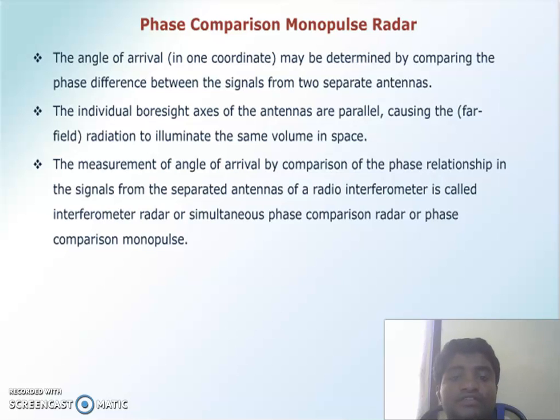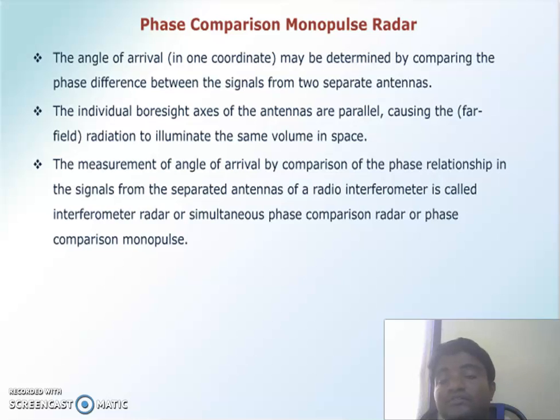The measurement of angle of arrival by comparison of the phase relationship between signals coming from the separate antennas is called an interferometer radar, or simultaneous phase comparison radar, or phase comparison monopulse.